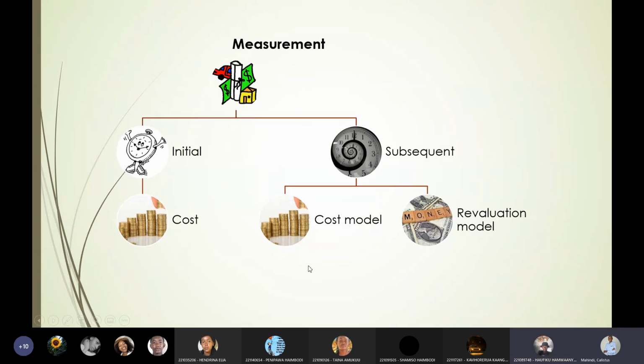Under the cost model, you take the cost minus accumulated depreciation minus accumulated impairment losses to arrive at the carrying amount. Under the revaluation model, you take the fair value minus accumulated depreciation and accumulated impairment losses to arrive at the carrying amount.